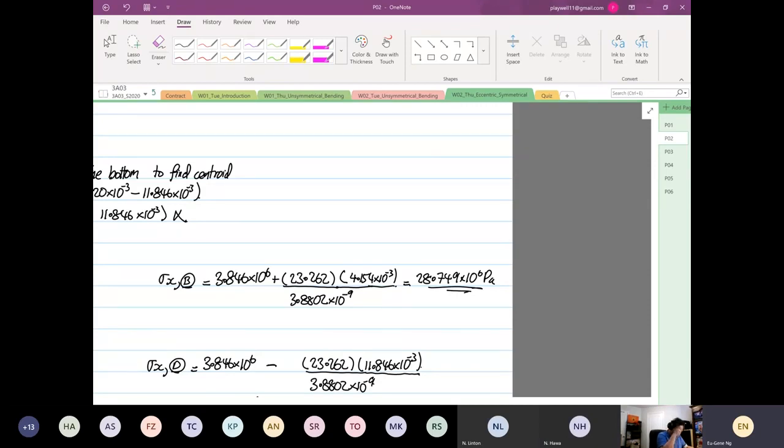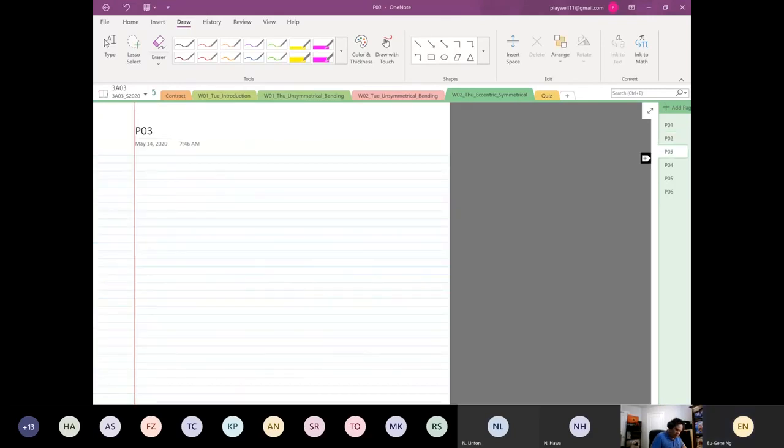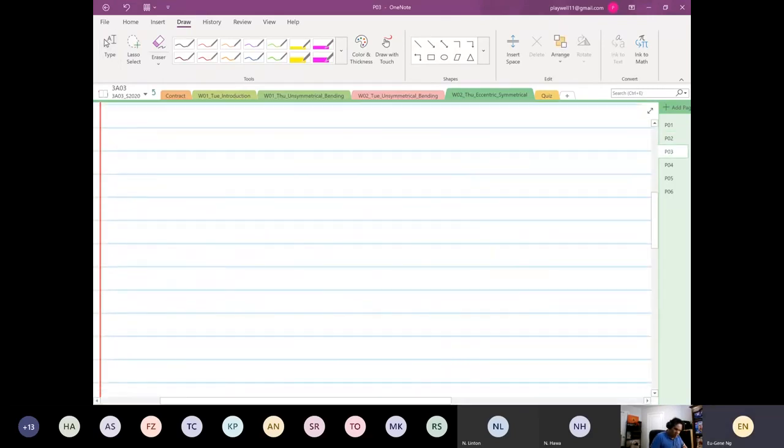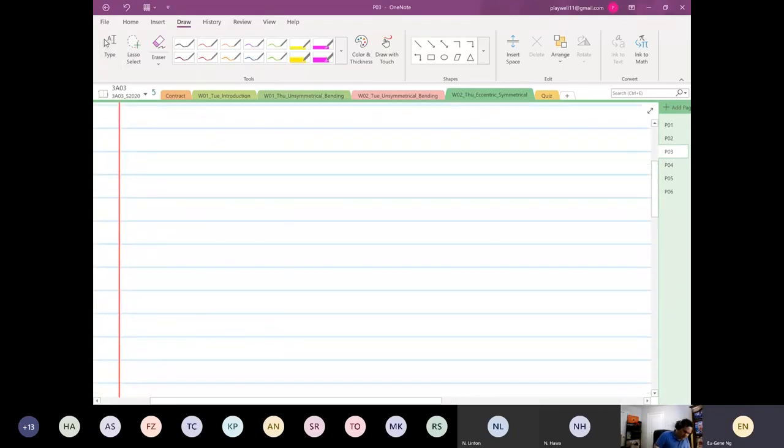So the next thing we're going to do is sketch the position of the neutral axis. Before I go on, I will write something up.